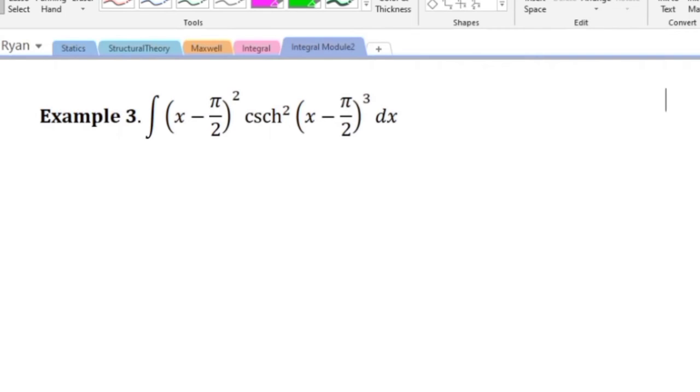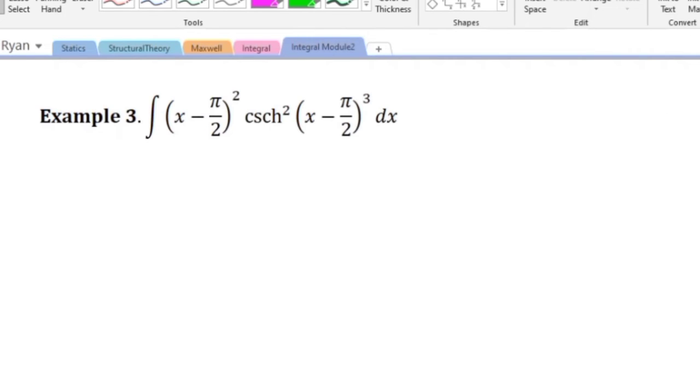Example number 3, we have the integral of the quantity x minus pi over 2 square multiplied by hyperbolic cosecant square of the quantity x minus pi over 2 cube dx.